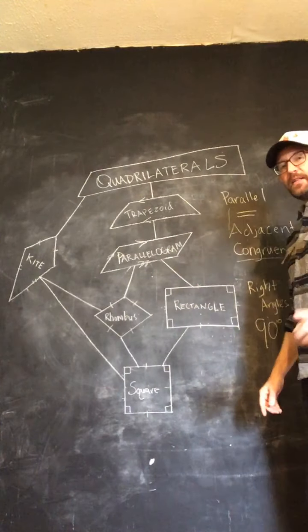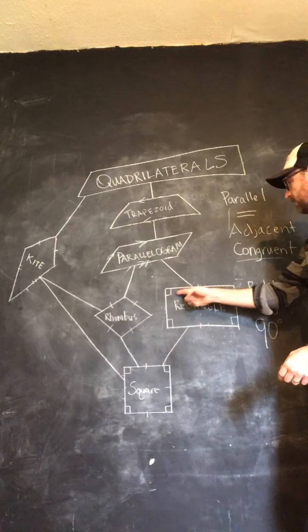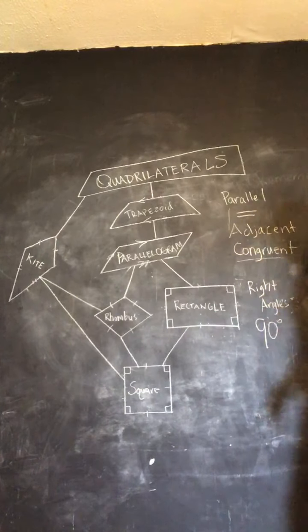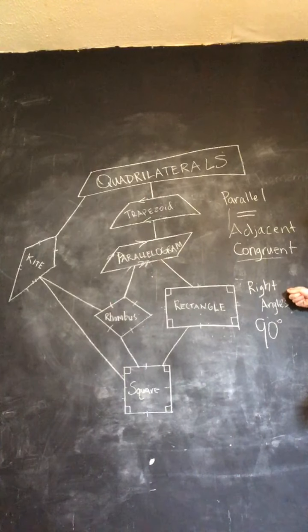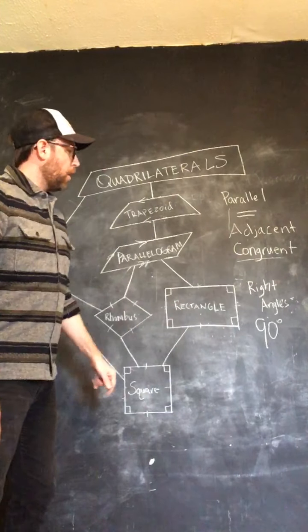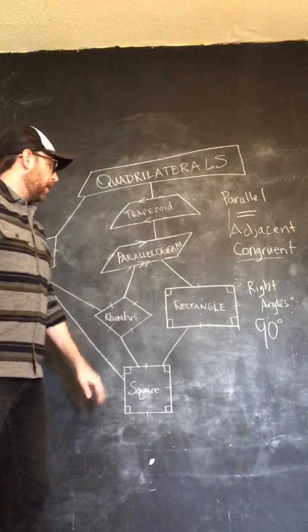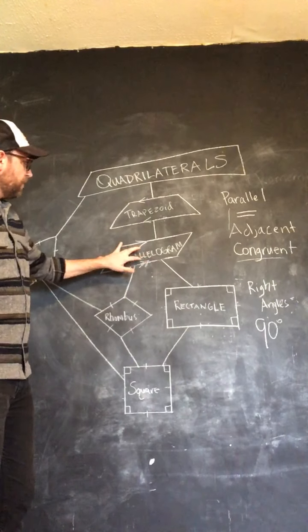The thing that makes a rectangle different is we look at these little corners, we see these square boxes. If we remember, that means that they are right angles. Right? So all 4 of these boxes, 1, 2, 3, 4, are right angles. They're all 90 degrees. So that's what makes the rectangle different from the parallelogram.